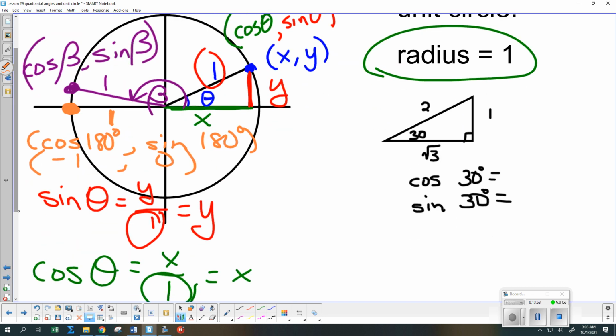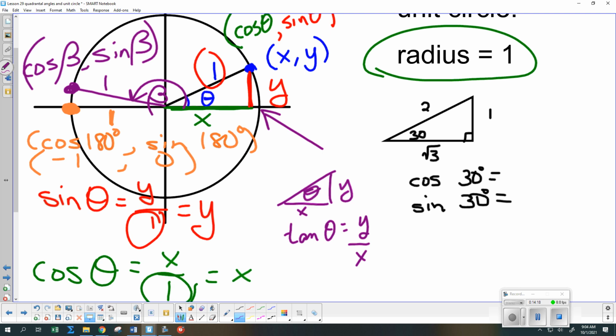So coming back to my original triangle up here where I had my x, my y, and here was my theta within the circle. If I wanted the tangent of that angle, it would be y over x, right? Opposite over adjacent.